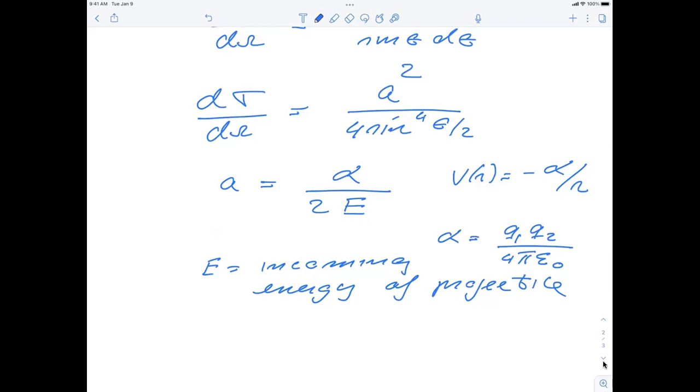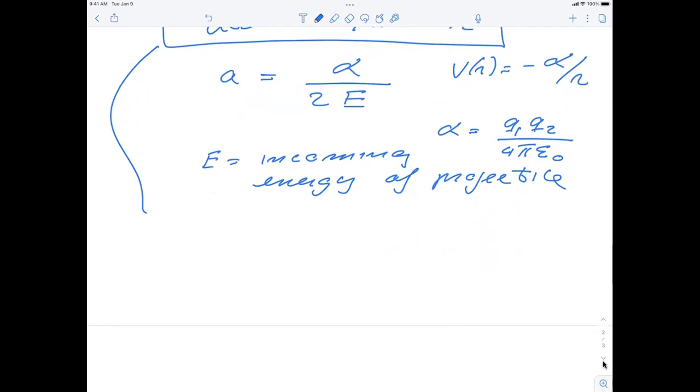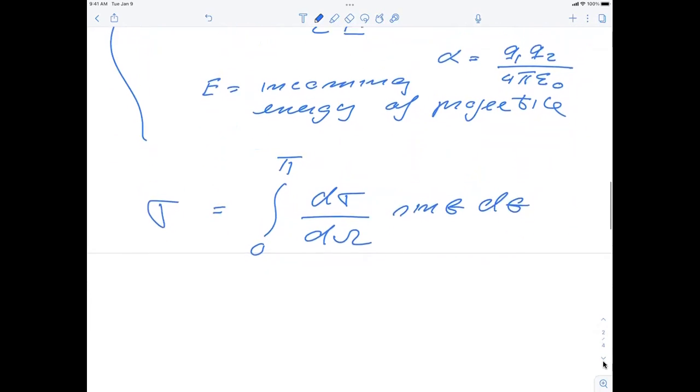So the quantity which you see here has actually a famous name in the literature. This quantity is called the Rutherford classical differential cross-section. So when you want the full cross-section, what you would do is integrate from 0 to pi this quantity, dσ/dΩ, over sine theta dθ.